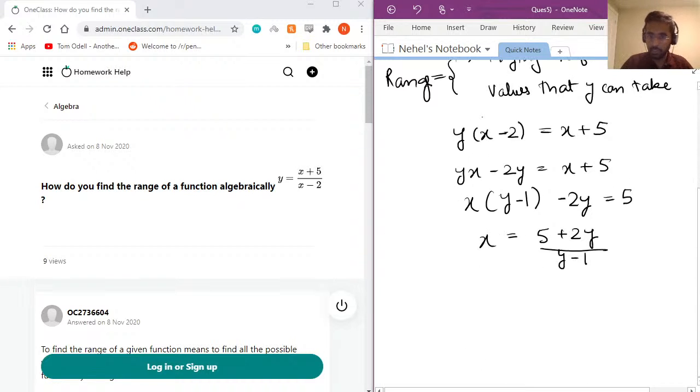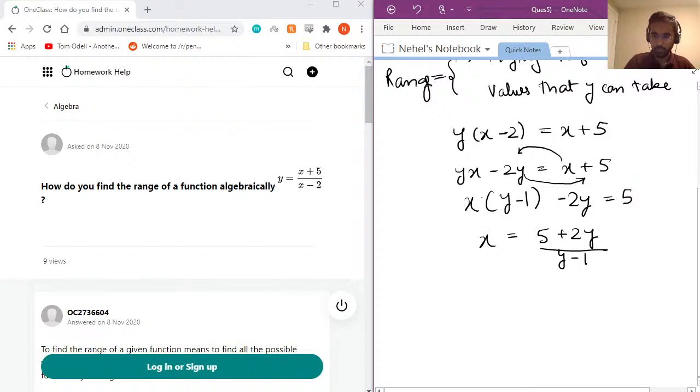After that, we opened the bracket and solved for the expression. Then we took the x to the other side, along with the negative 2y, and we saw that we have the terms yx and negative x on the same side. So we can extract x as the common term, and we are left with x times y minus 1. The final step was to send y minus 1 back to the denominator on the right hand side.